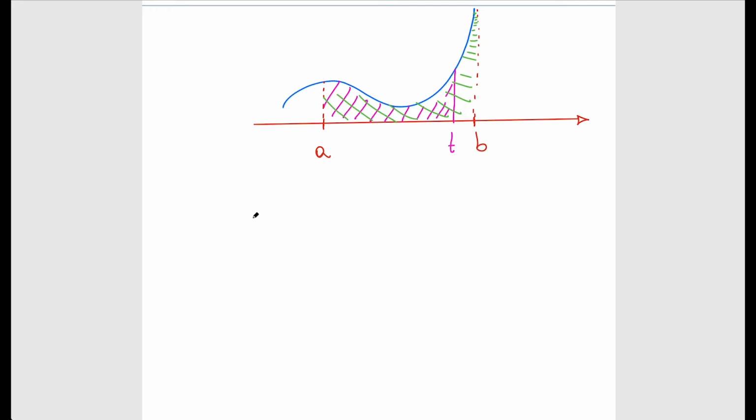Okay, so let's write the details. So the pink area is the integral from A to T of f of x dx, if you call this function f of x.